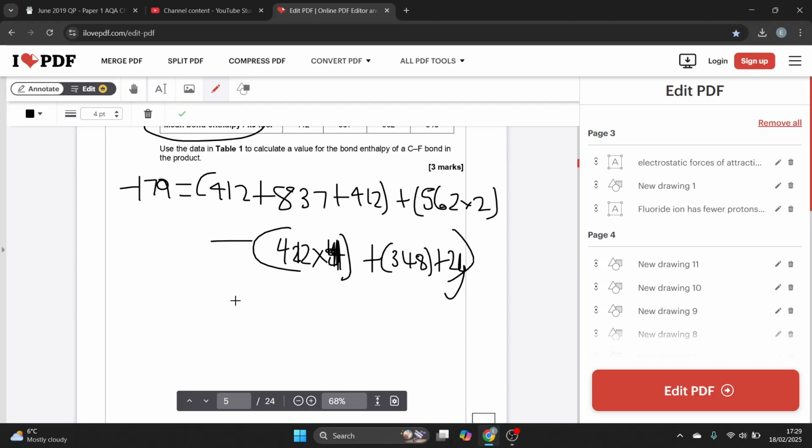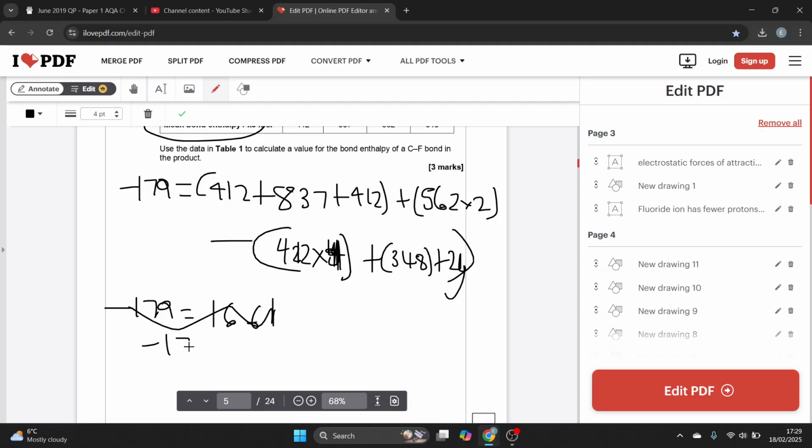Now this is the most difficult part, rearranging and not making any silly mistakes, addition or subtraction errors. It's usually the subtraction. So minus 179, 1661, and 1661 plus 562 plus 562 is 2785.